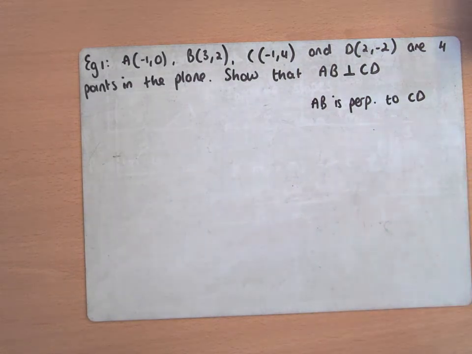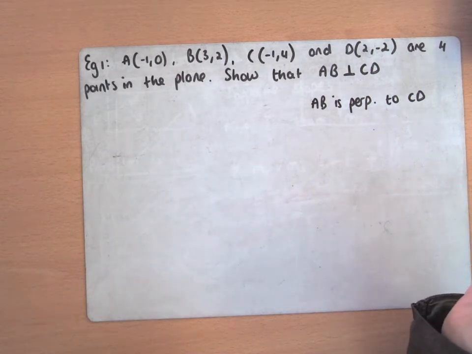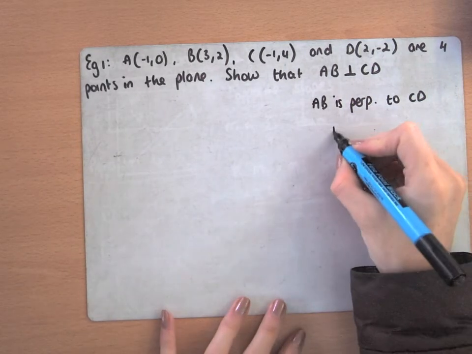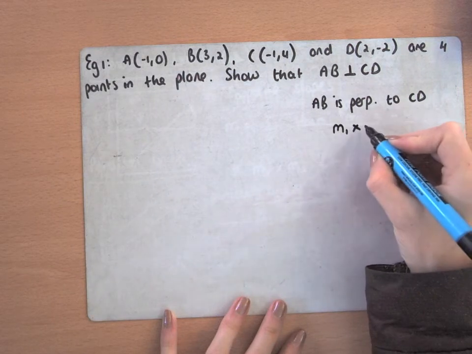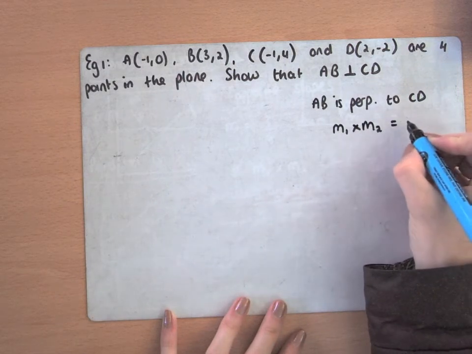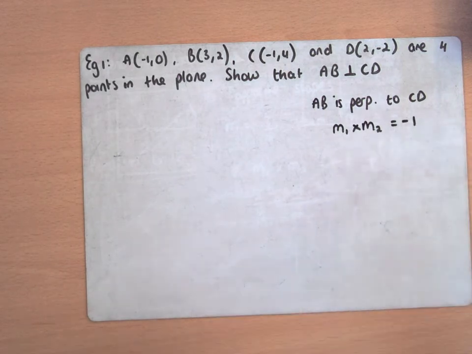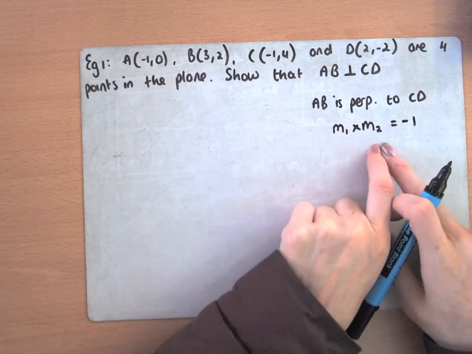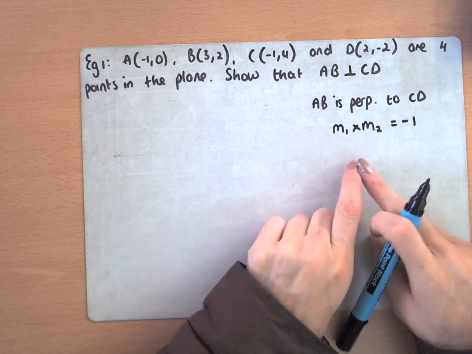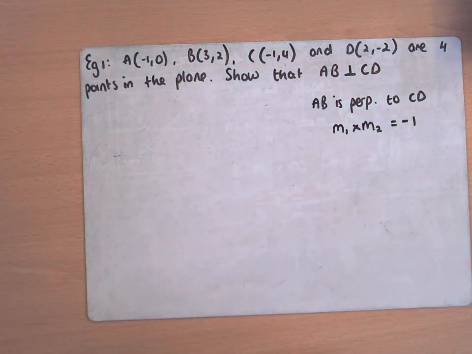They're opposite, but remember I can't write that on my page, so what do I do with the ends? M1 by M2 is -1. So basically, I need to get the first slope, I need to get the second slope, and if I multiply them, my answer should be -1. Okay, is that alright? So let's do that.